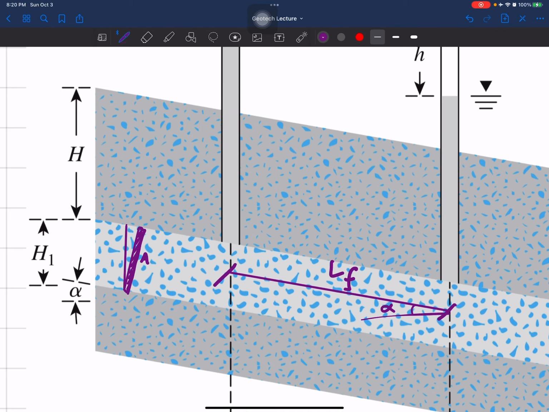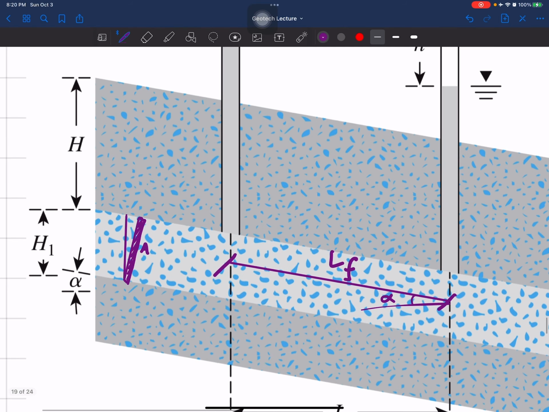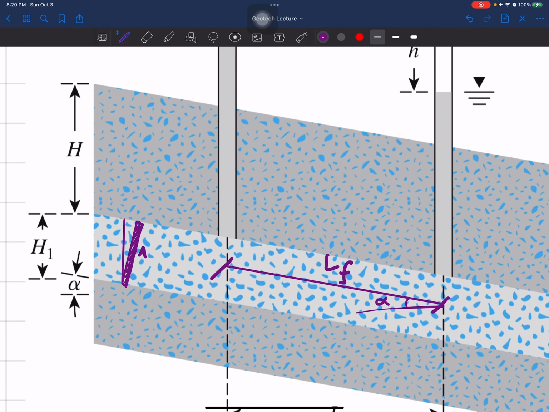So, ganyan siya. Ito. So, this is our A. Ayan. So, magiging working equation natin, guys, since this is 90 degrees.